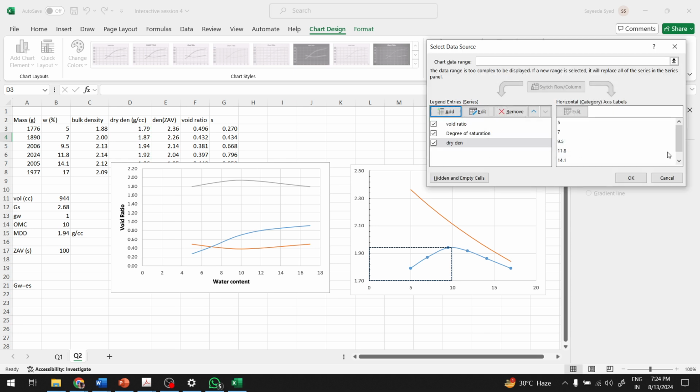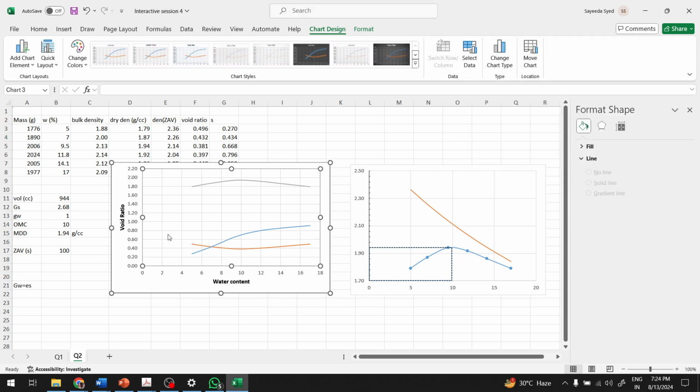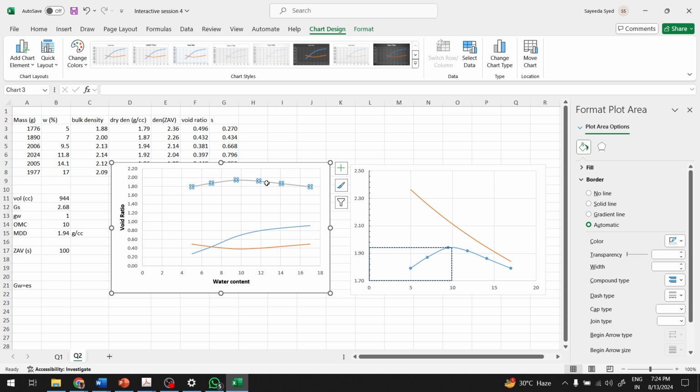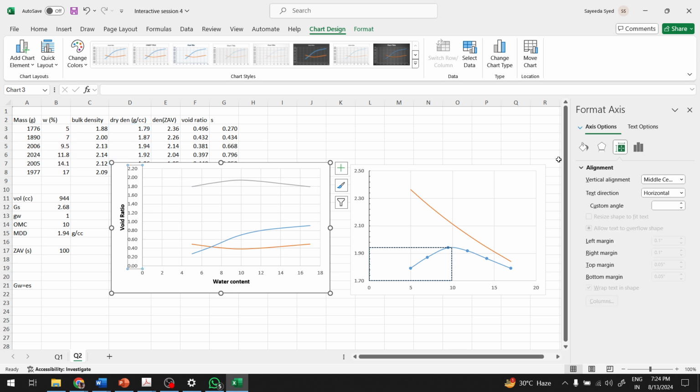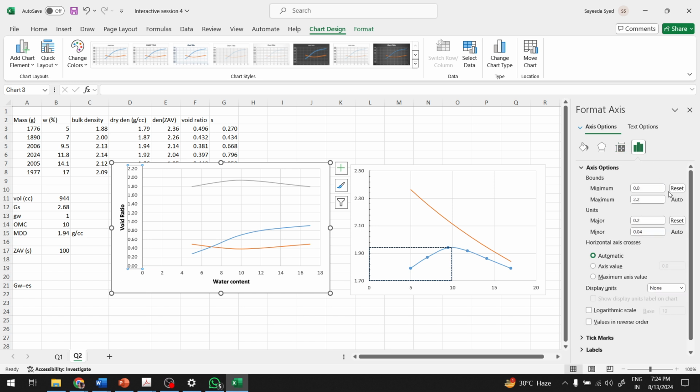So this I am plotting on the primary axis, which is starting. One second, just a moment. Excuse me.